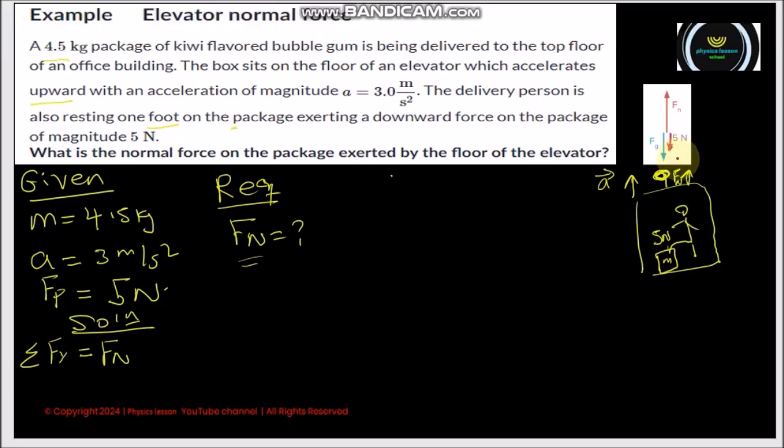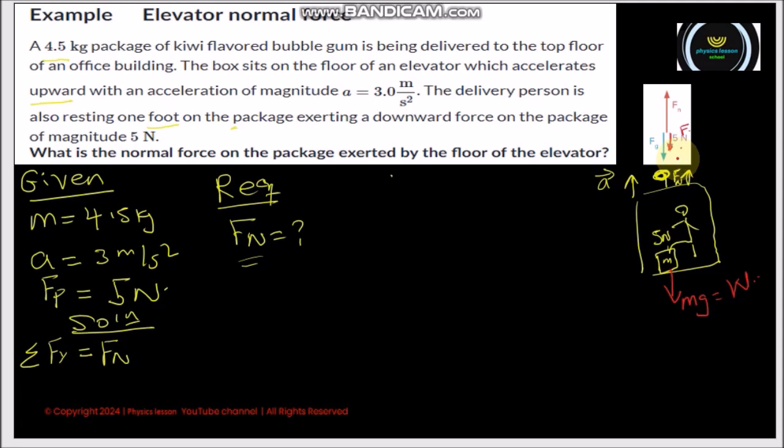The man applied with his foot a 5 Newton force, and this object has also got its own mg, or weight. Its direction is downward. Again, the man exerted the force downward.